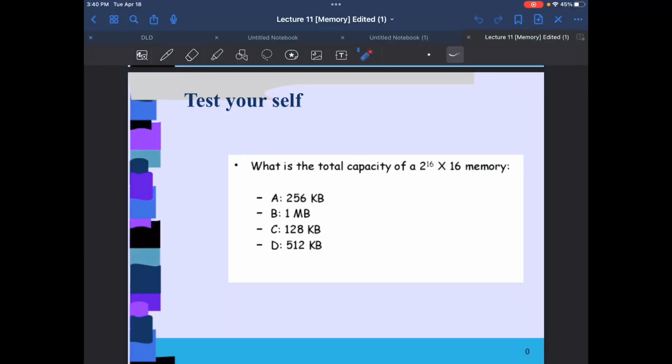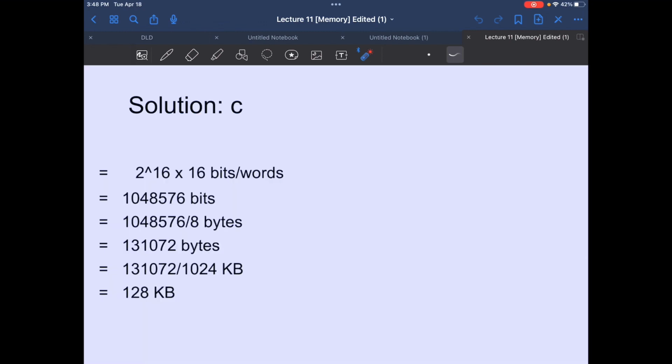Let's test ourselves. What is the total capacity of a 2 to the power 16 by 16 memory? Number of words is 2 to the power 16 and 16 is the bits per word. The solution is C. Over here, 2 to the power 16 times 16 bits are given in the question.